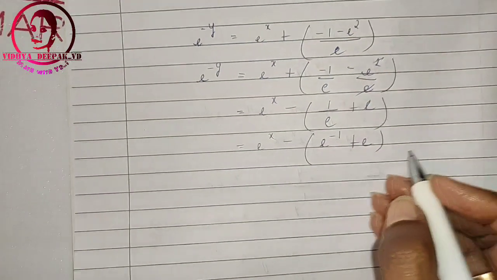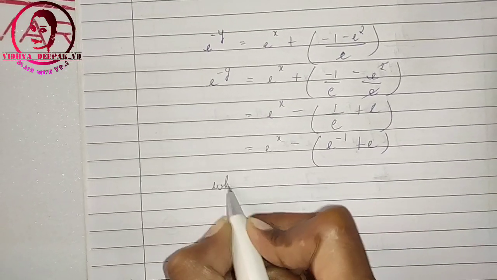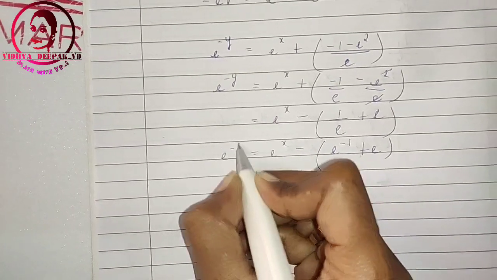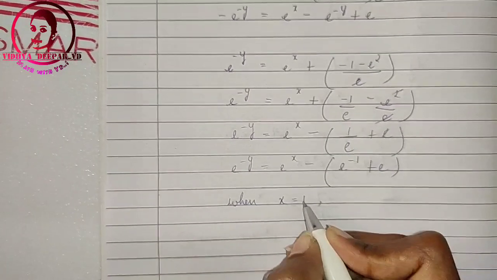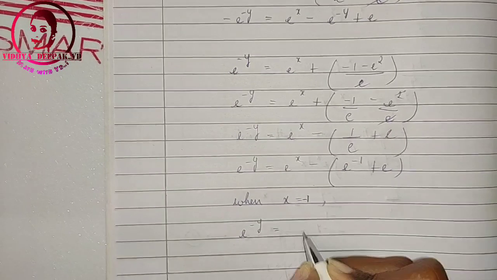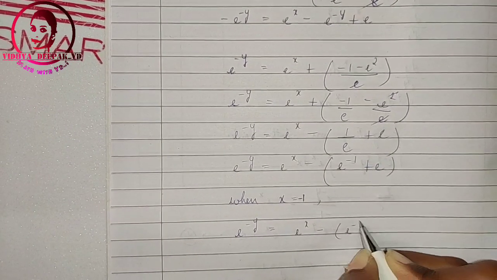Now we'll get into the second half of the question, that is, when x is equal to minus 1, we have to find what y is, right? When x is equal to minus 1, we have e power minus y is equal to e power x minus e to the power of minus 1 plus e.